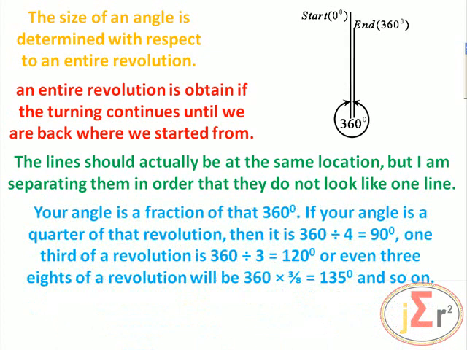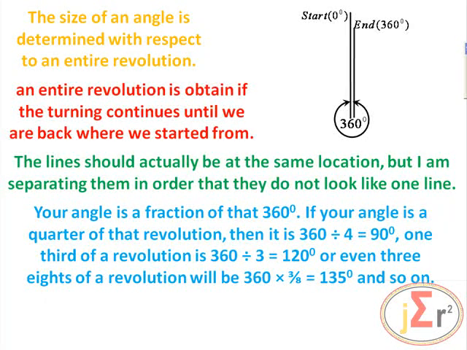Your angle is a fraction of that 360 degrees. So any angle that you are representing has to be a fraction of that 360 degrees. If your angle is a quarter of that revolution, then it is 360 divided by 4, which gives 90 degrees.